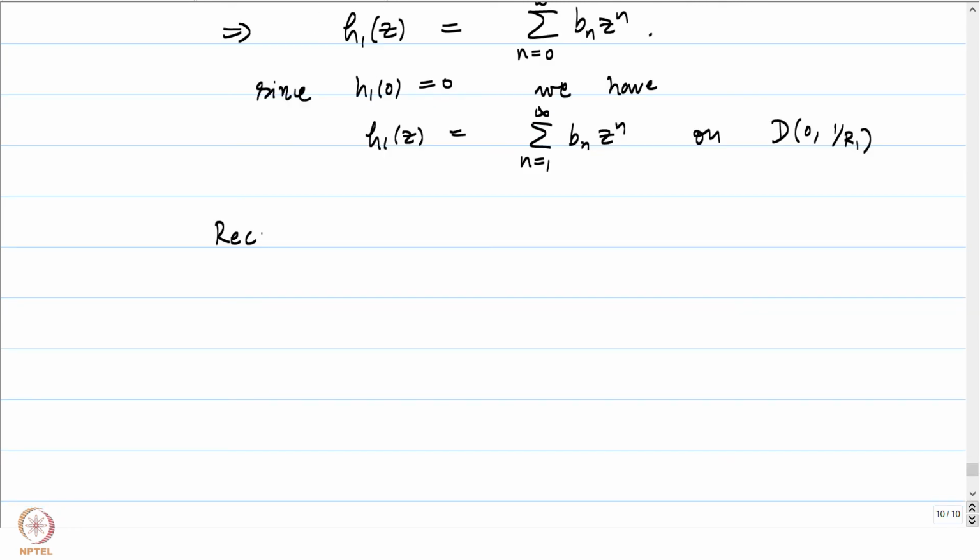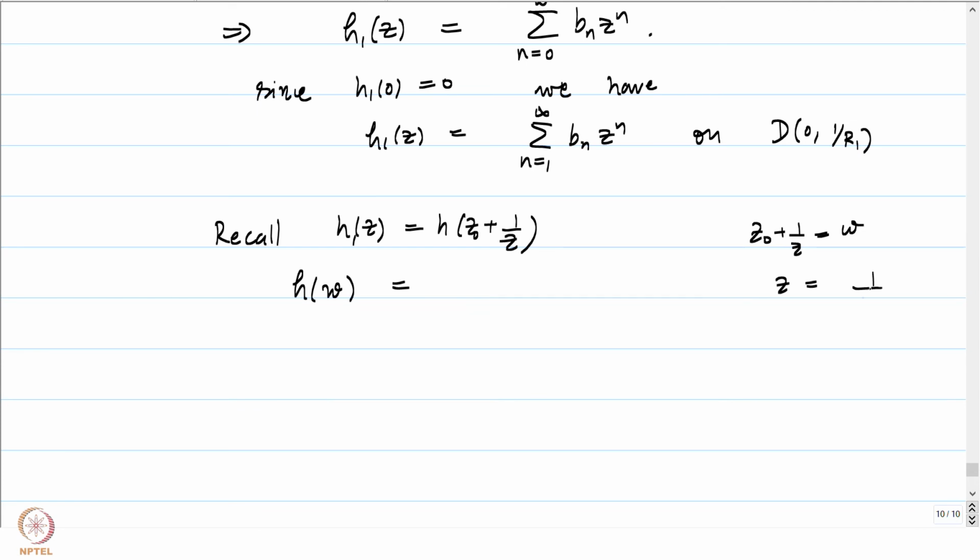Recall that h1 of z is defined as h of z0 plus 1 by z, and hence h of z can be written as follows. If z0 plus 1 by z is equal to w, then we have z is equal to 1 by w minus z0, and that's going to be equal to h1 of 1 by w minus z0, right?